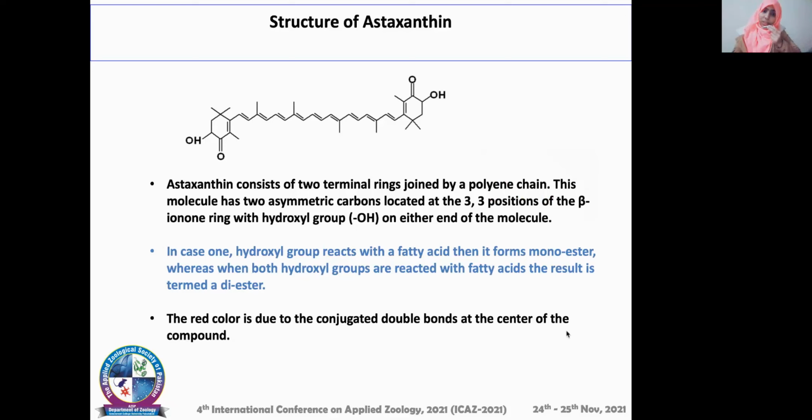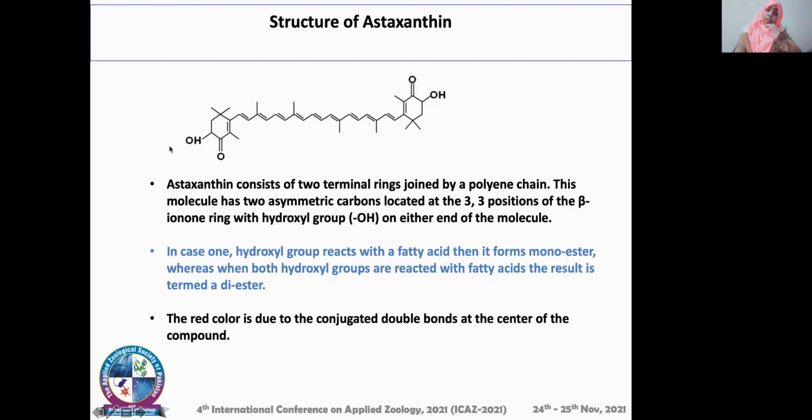So next we see the structure of astaxanthin. This is the chemical structure of astaxanthin. Astaxanthin consists of two terminal rings which are joined by a long polyene chain. And this molecule has two asymmetric carbons located at the 3,3' position of the beta-ionone ring with the hydroxyl group on either end of the molecule.